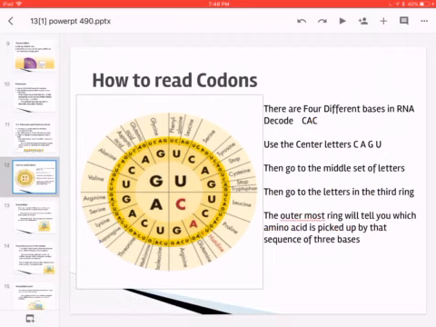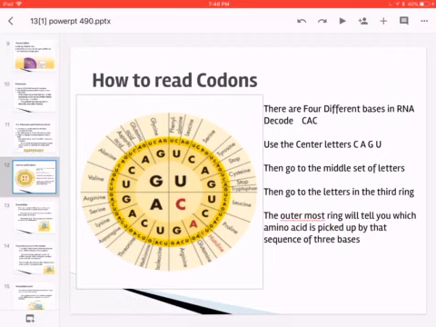And then that will tell us which amino acid is actually picked up. So if I wanted you to code, let's say, CAC. I'm going to start in the middle with my 4 bases, and I go to C, C is in red. So that's my first one.